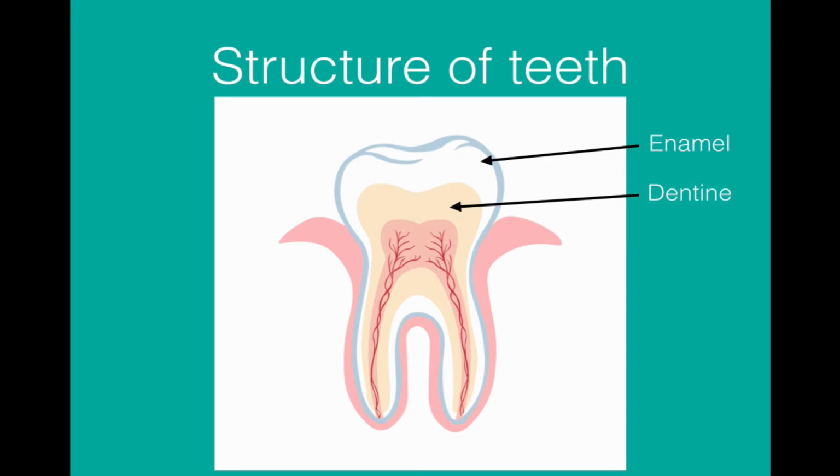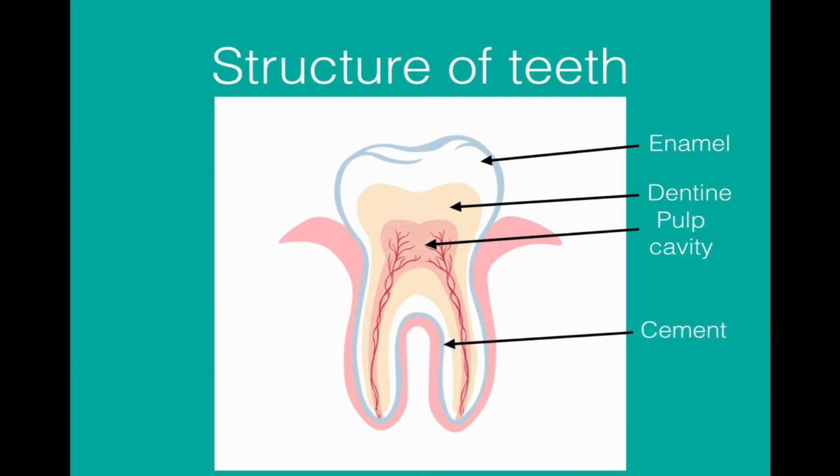Below this you have the dentine, which is softer and provides the structure of the tooth. Below that you have the pulp cavity, which carries nerves, so you can sense the pressure of what you're eating, as well as blood vessels to supply the tooth with the nutrients it needs.